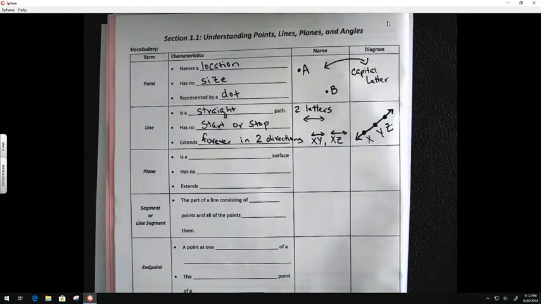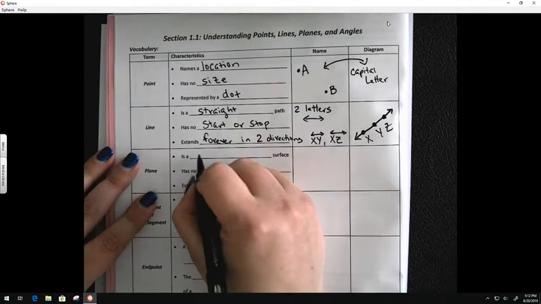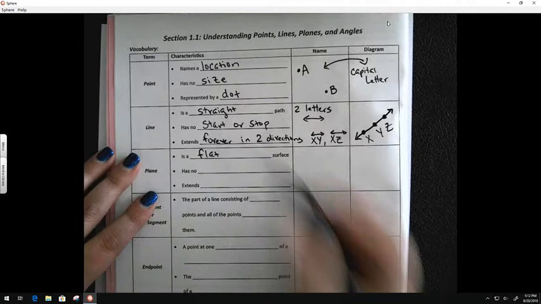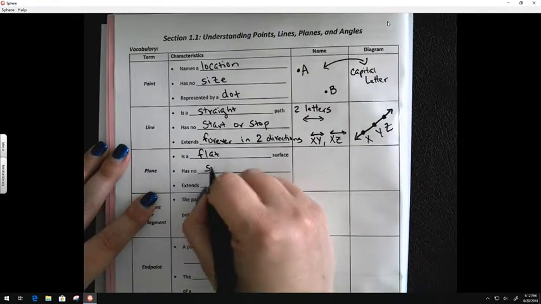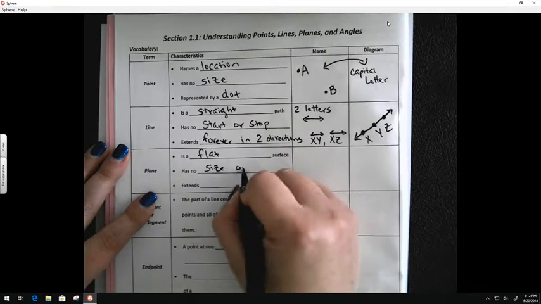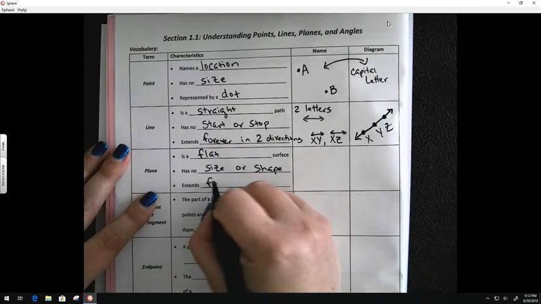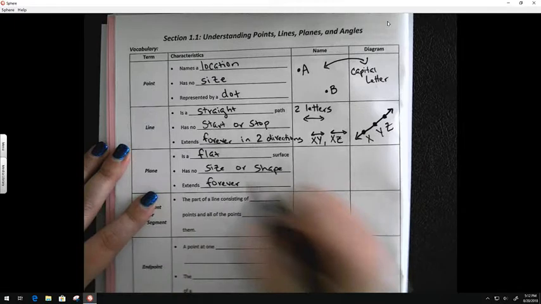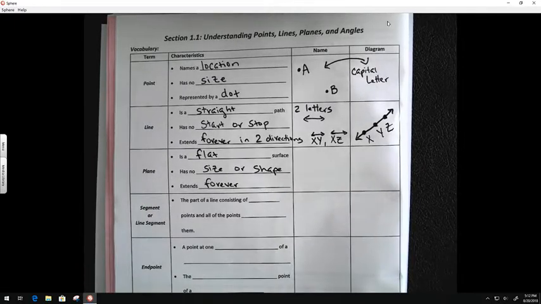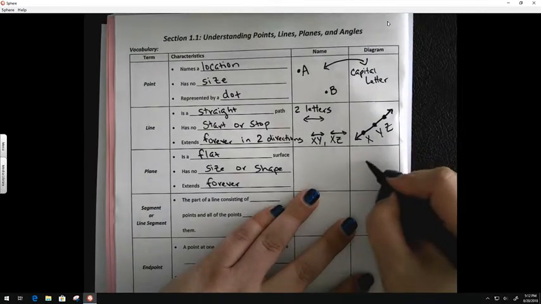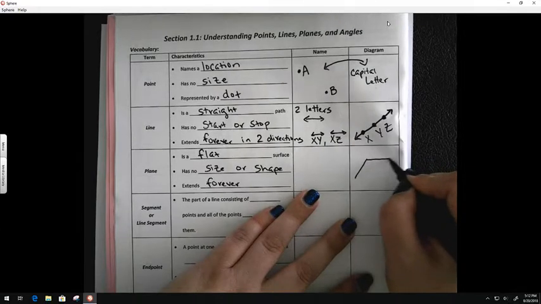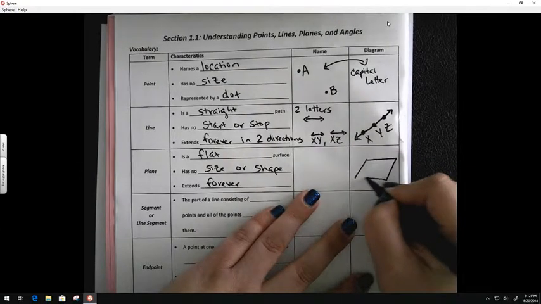All right. Then a plane is a flat surface. It has no size or shape, and it extends forever. All right, so a plane, most of the time, we kind of draw it as this almost parallelogram shape.